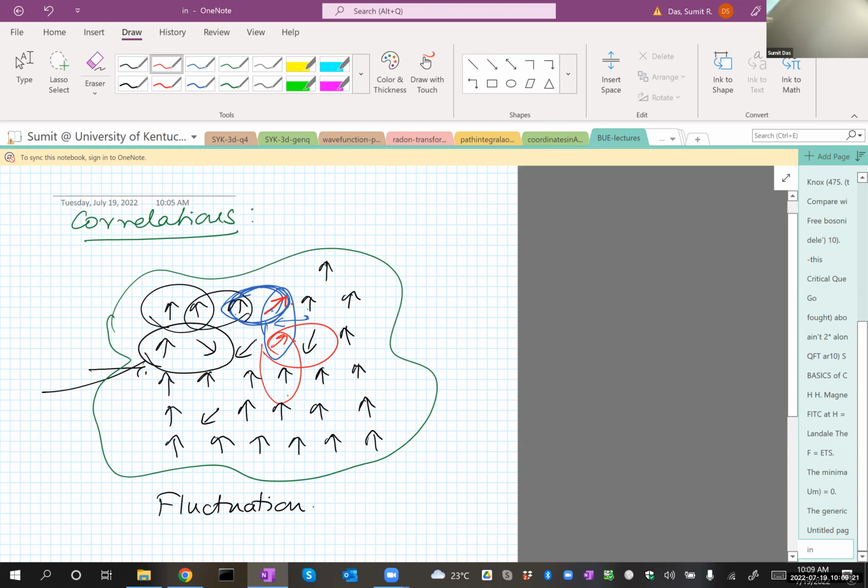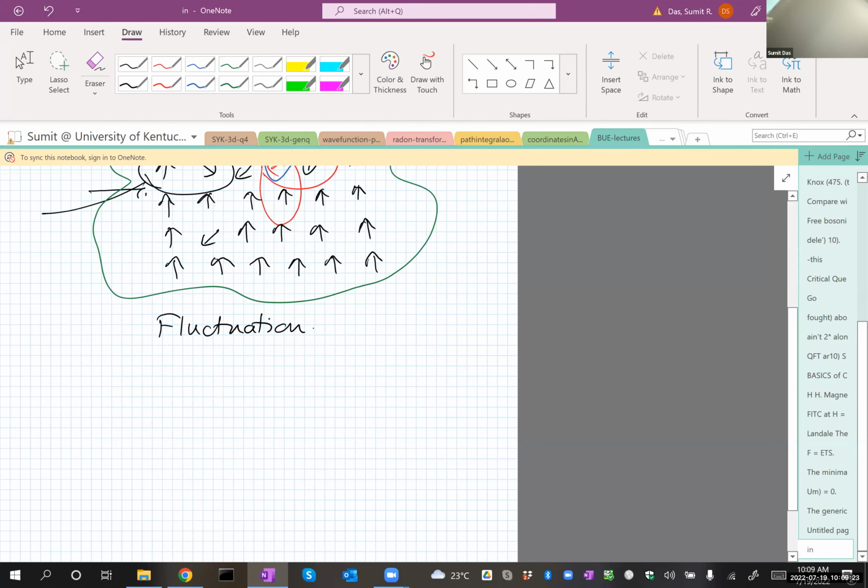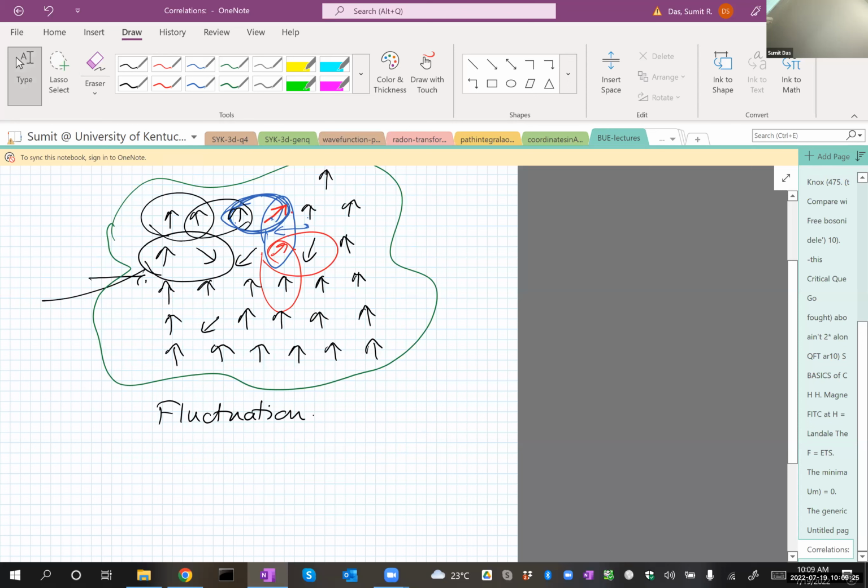You can now try to come up with a measure. This means that a small change here causes changes throughout the sample, for example, here. And you would like to know how much of a change can be made in this particular fashion. This is measured by something called a correlation function.